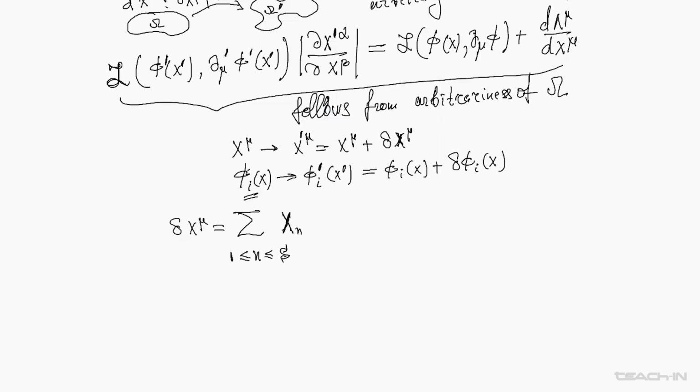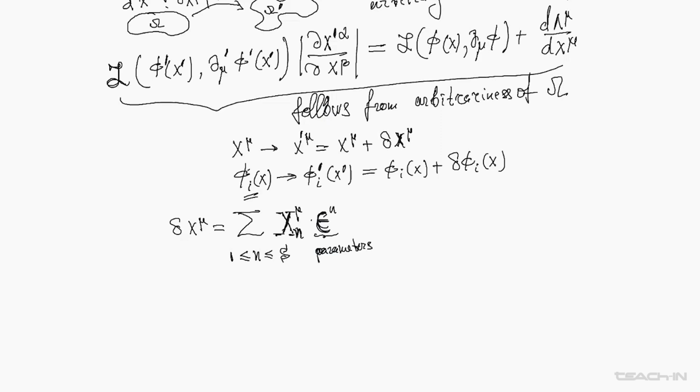These epsilon n are parameters, and they are constant in the sense that they do not depend on space-time points or fields; they are just numbers. And this X_n mu describes the response of x mu to the change by infinitesimal parameters epsilon n.